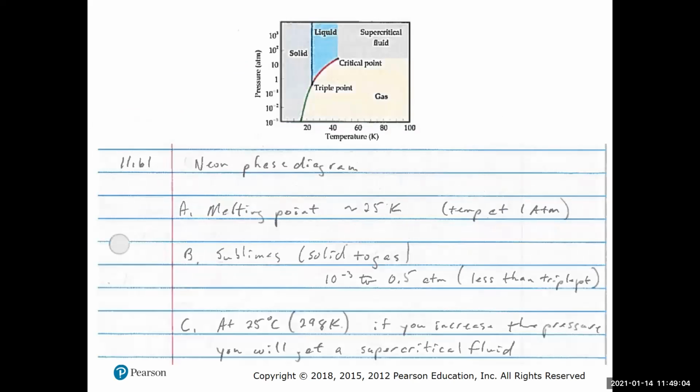I want to do one thing before I let you go, which is looking at this phase diagram.